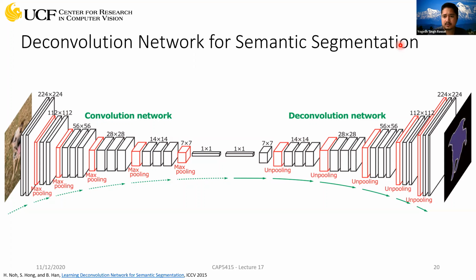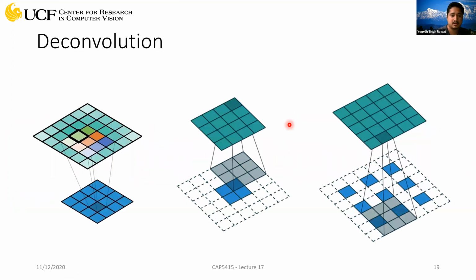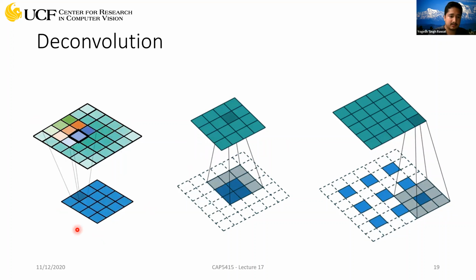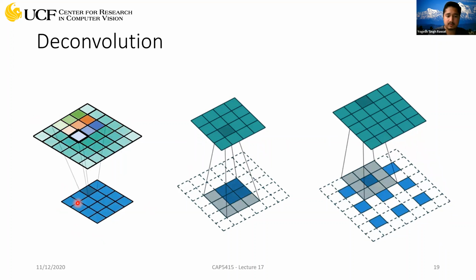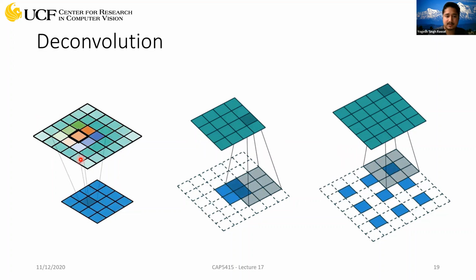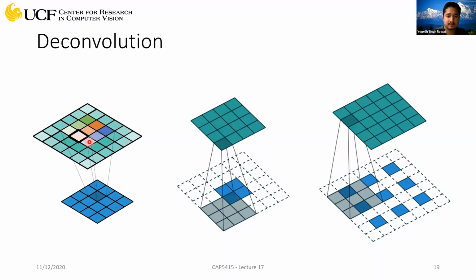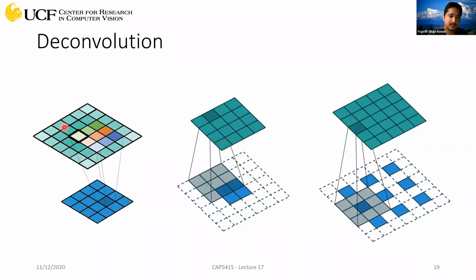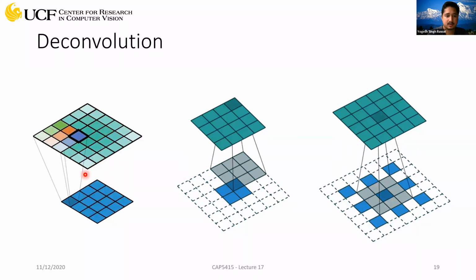So, a question from Sunil: how are they keeping the resolution constant? Let's say you are performing this deconvolution operation, right? Your input is 4x4, and let's say you're using a 3x3 kernel. So you will repeat these values, and your feature map will be, in this case, 6x6.